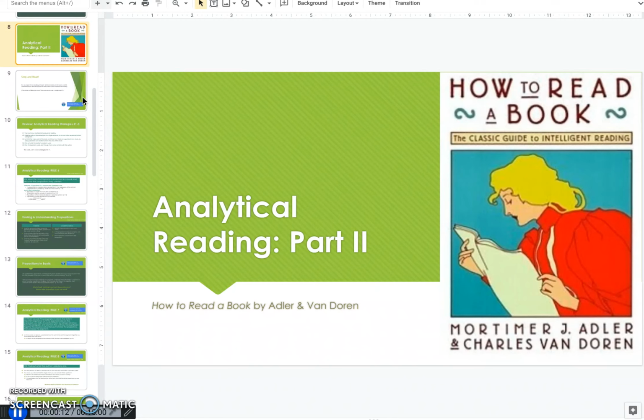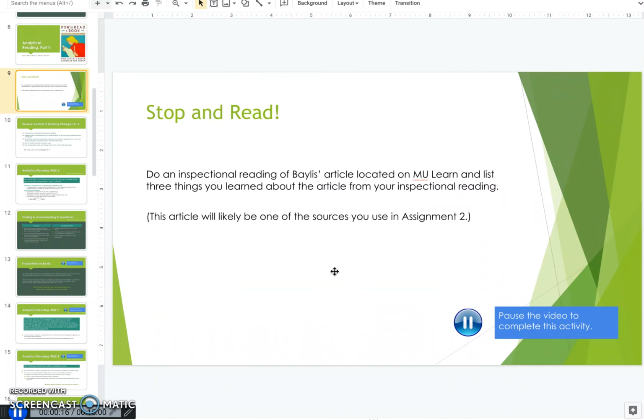Okay, but before I go on to those additional rules, I want us to stop and read the Baylis article, and I want you to apply the inspectional reading strategies that you've learned to Baylis. So remember, that's looking at titles and headers and maybe the introduction and conclusion, and just seeing what you can learn about Baylis's main arguments before reading the entire article.